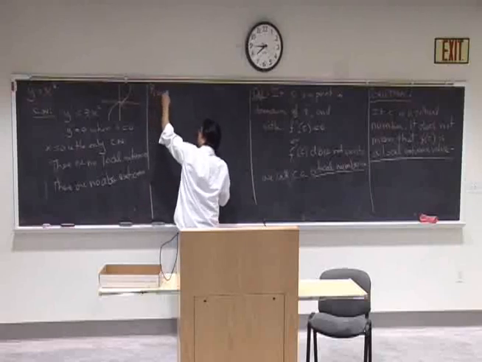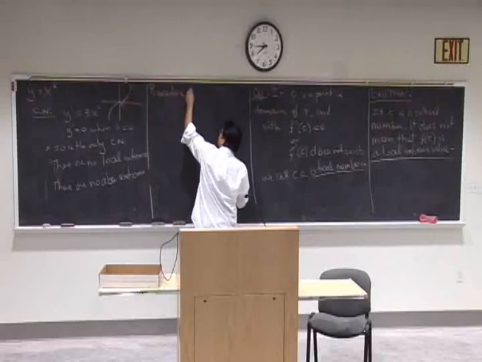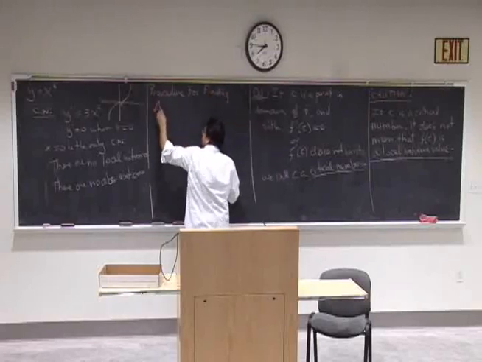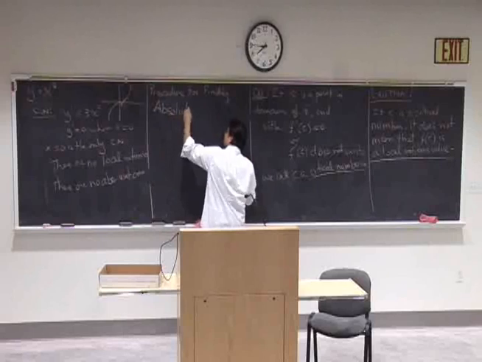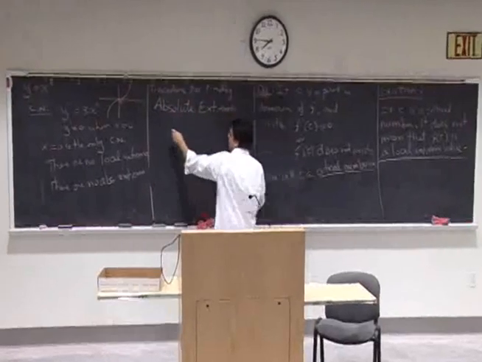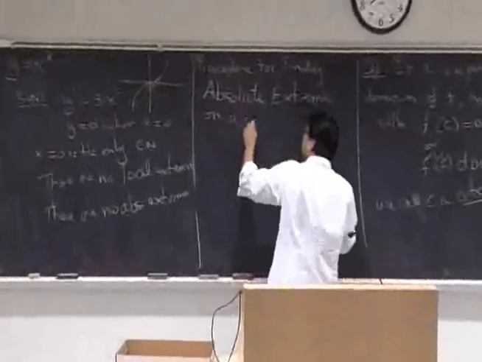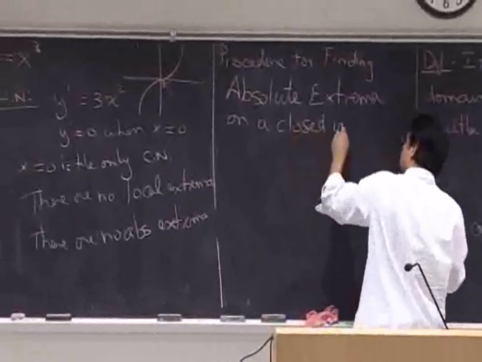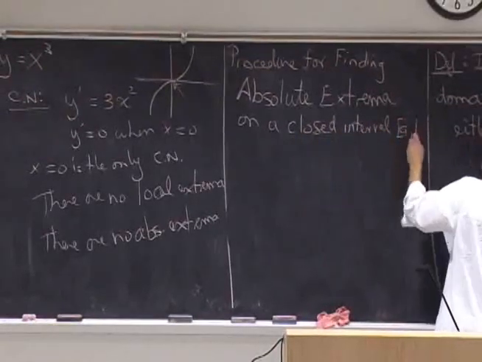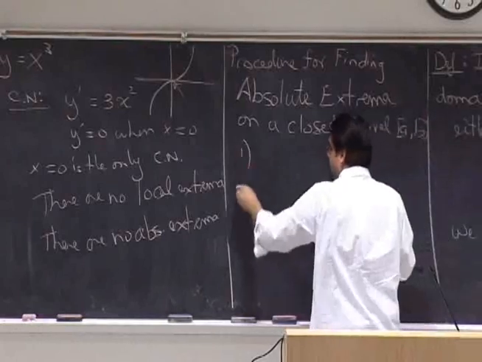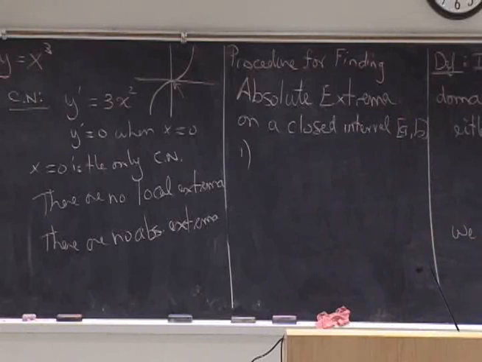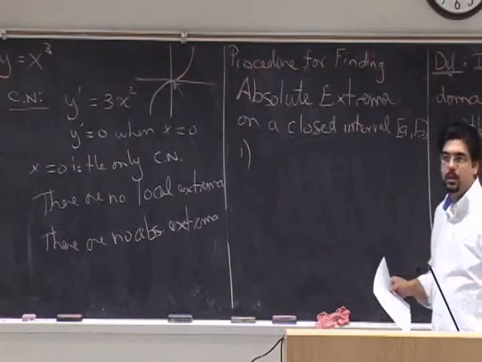I'm going to show you a procedure for finding absolute extrema of a function on a closed interval. Three steps. Then we can make sense of why this procedure is exhaustive enough to handle all the possible cases.